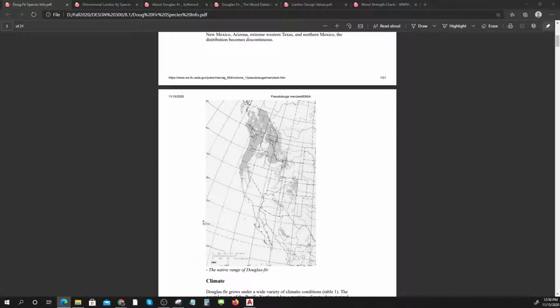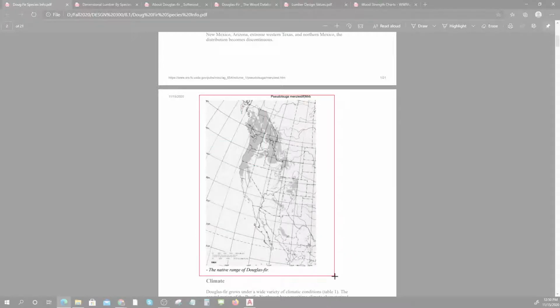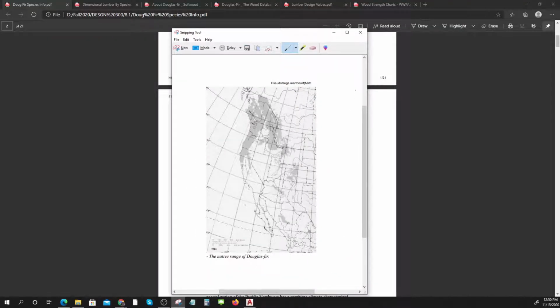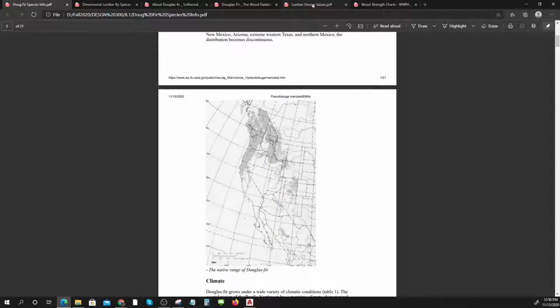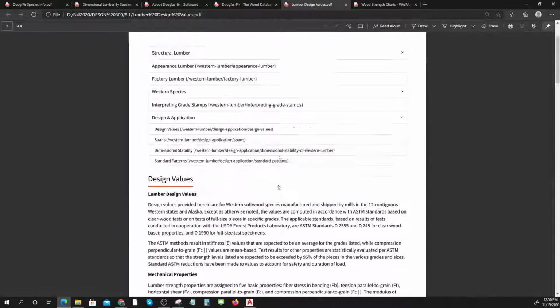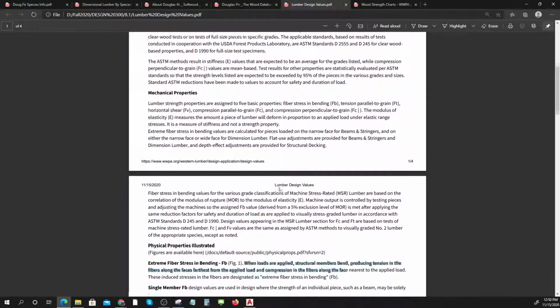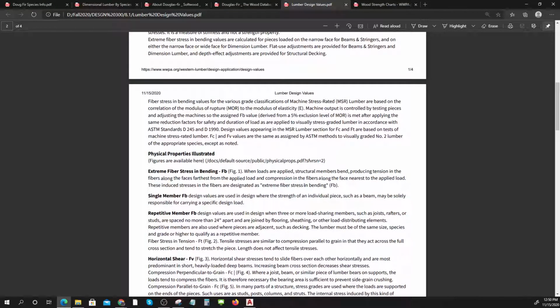I can take a snip of that image and put it right into my portfolio off to the side, and then I'm able to use it. Or maybe I really like some of this information that says extreme fiber stress in bending and what that is. I might take a copy of that and put it onto my Jamboard or onto my Google presentation and look at it.